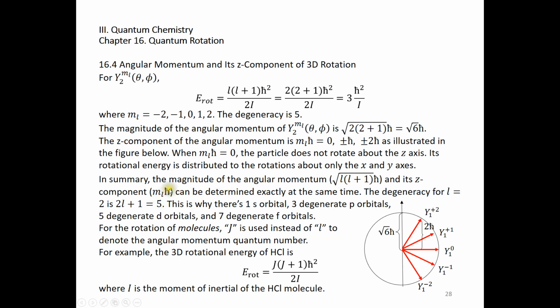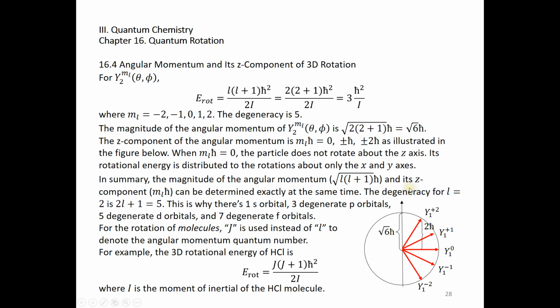These two can be determined at the same time. It's just because the angular momentum operator and the z component operator commute. The commutator is 0. They do commute. It's possible to determine both values exactly at the same time.